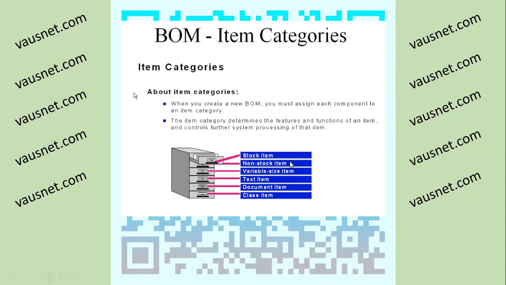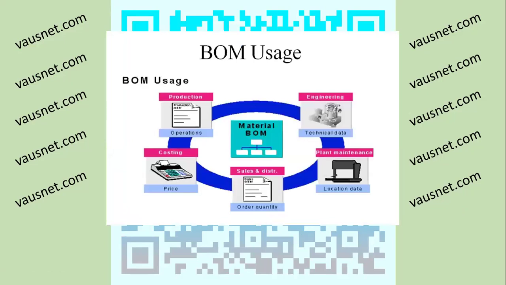A non-stock item, yes, it will have a location, but not any material value, net worth, like screws, bolts, pens, pencils. These are non-stock items. These are generally found available in bulk. Okay. Same goes for variable size items like sheets, like iron sheets for building the frame of the motorbike and so on. Usage, we've already covered that.